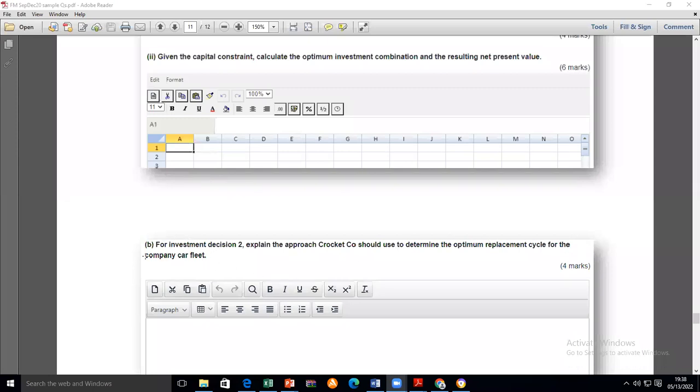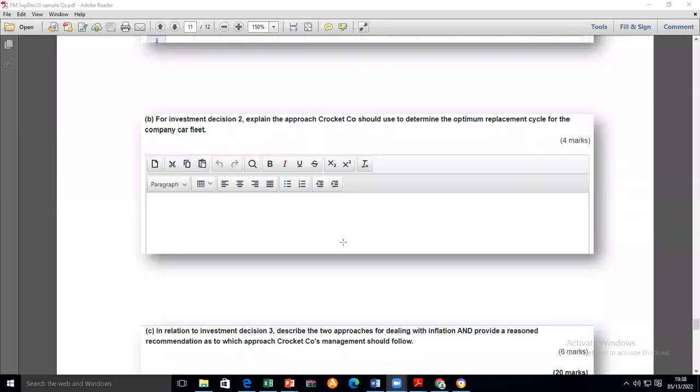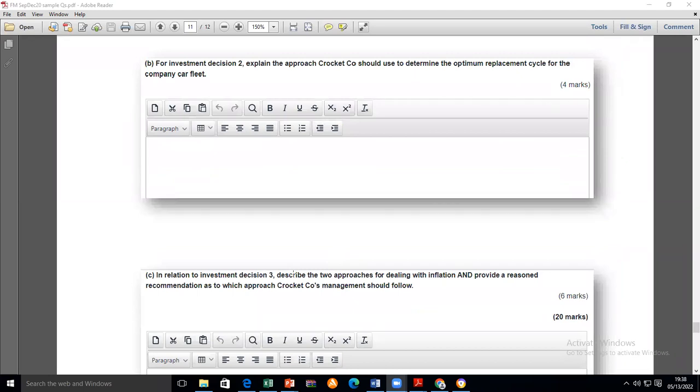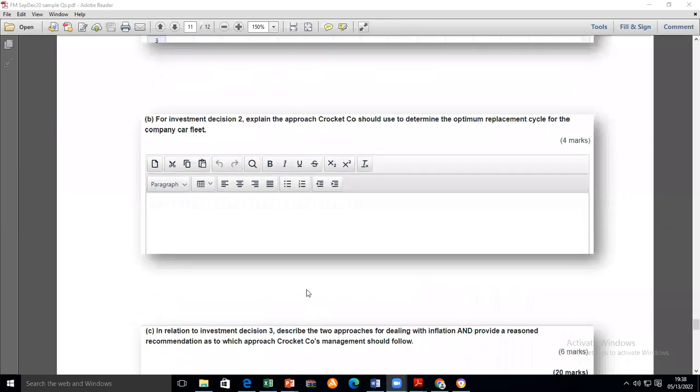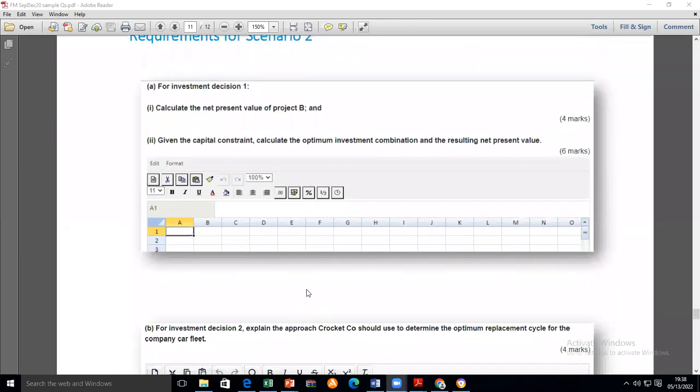This one I'll leave for you now. You know how to make an asset replacement decision. In relation to investment 3, describe 2 approaches for dealing with inflation and provide a reasoned recommendation as to which approach management should follow. That's another interesting one, isn't it? So let's go.